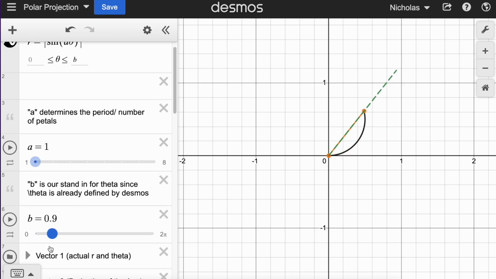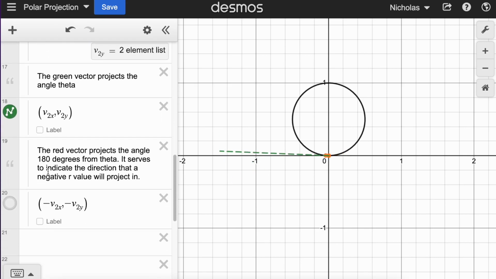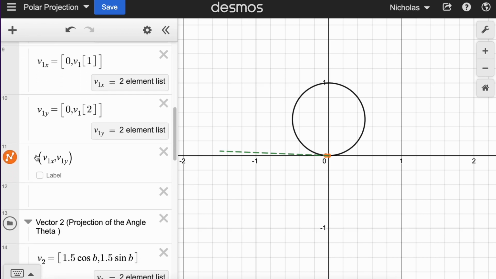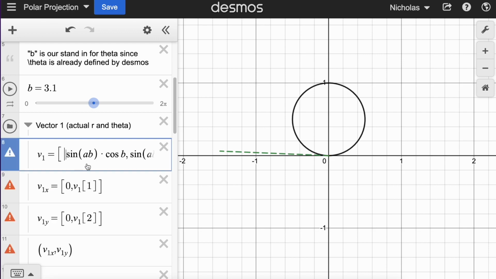So the initial part is the same, 0 to pi, but now the radius is going to be positive in quadrants 3 and 4. So I'm going to plot out in the same direction my angle is facing, and we're going to see that second circle. Let me just change somewhere in here. I have to put absolute value. Maybe right here.